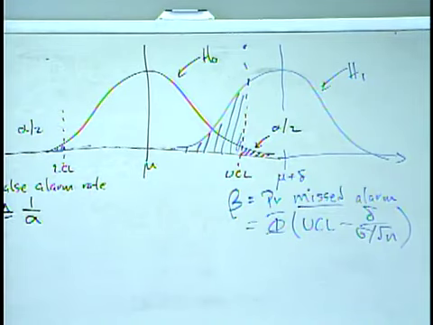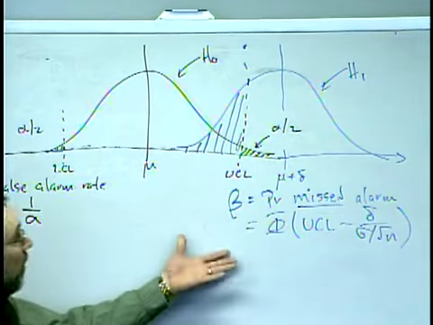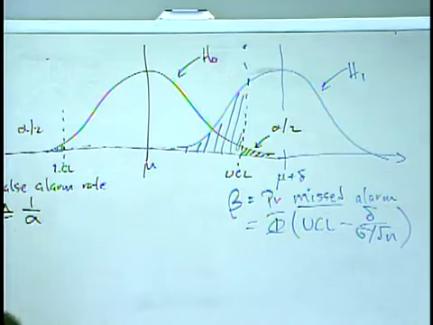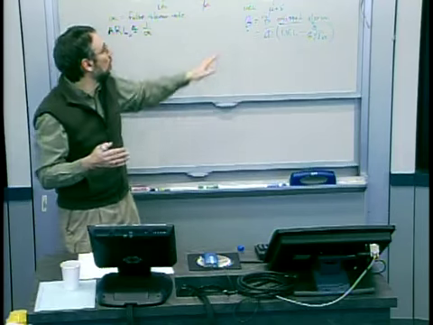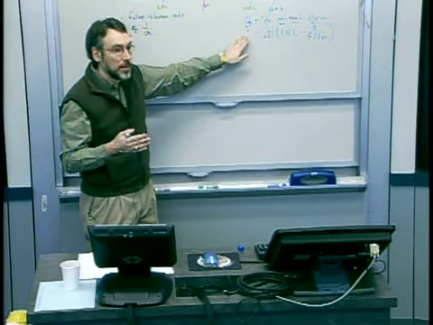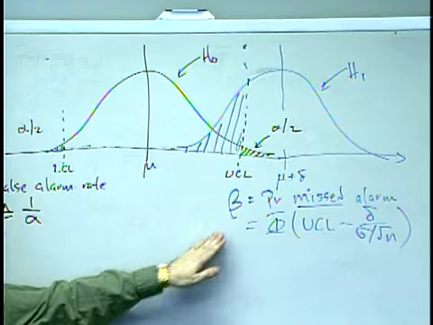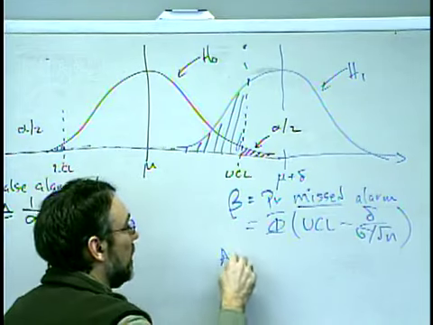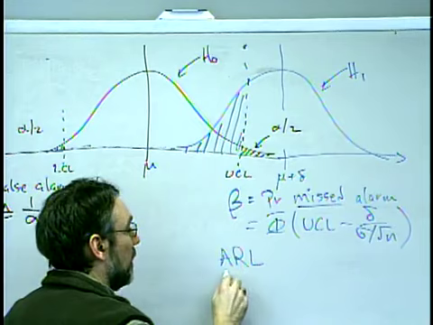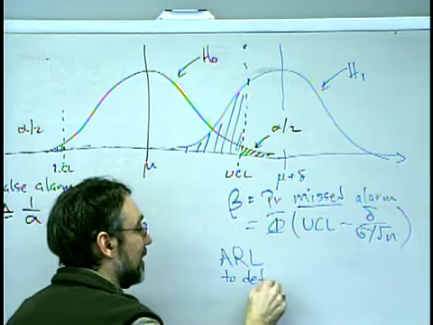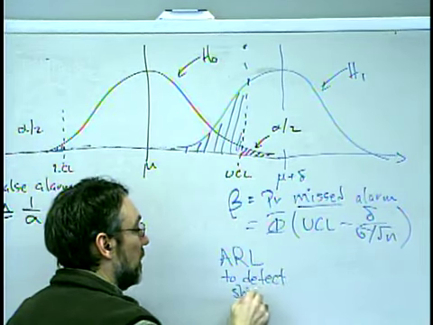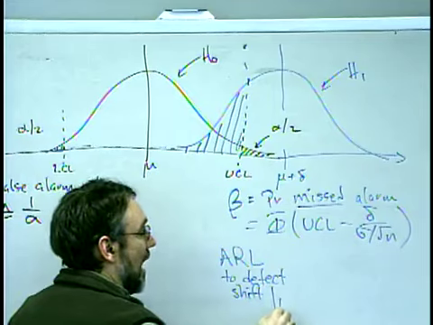Okay, great. There is also another definition of average run length associated with this. And the question you would pose here is, what is the average run length to detect shift when it actually occurred?